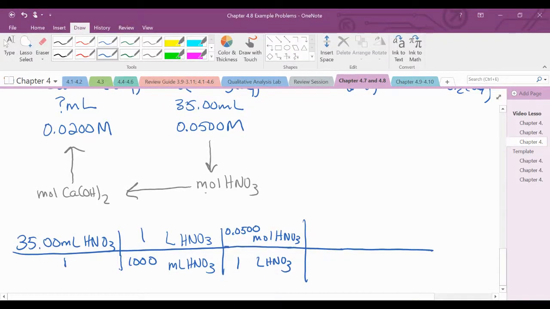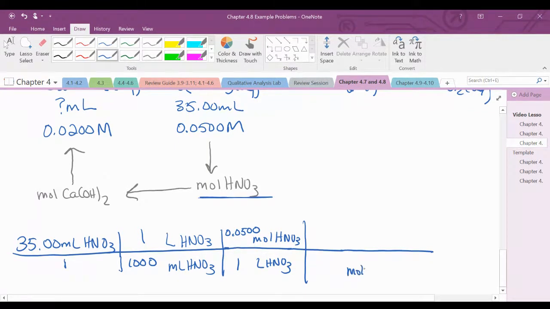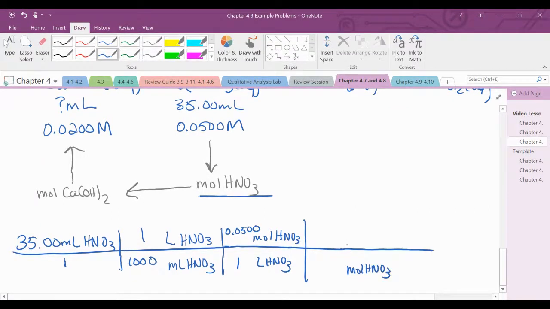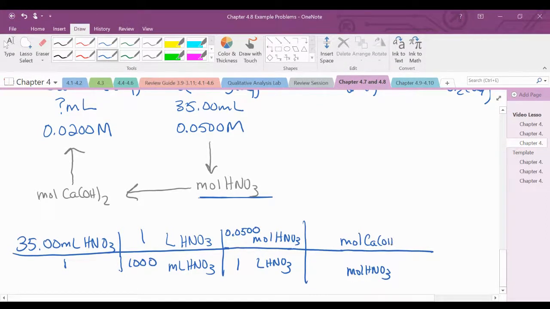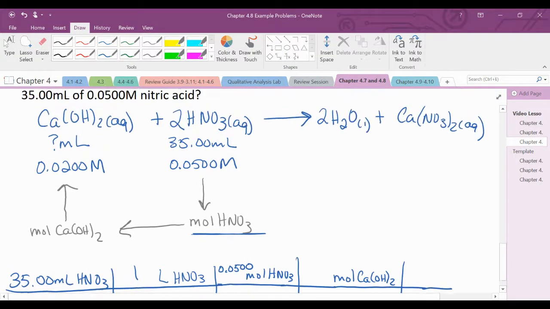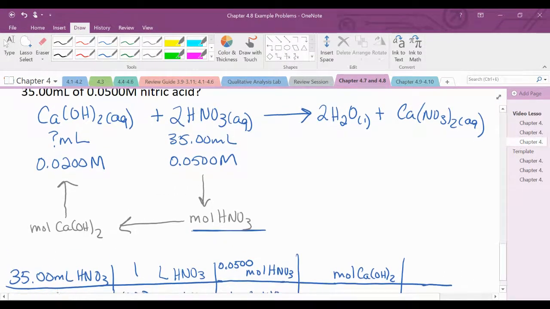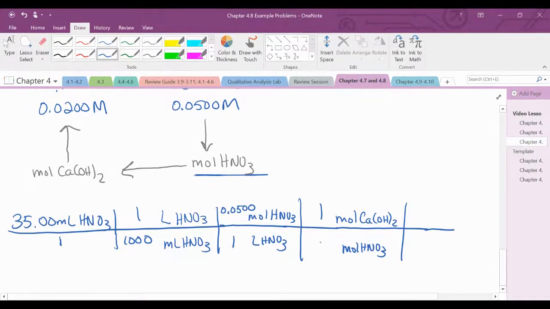So I'm here, moles of nitric acid, so I can convert from moles of nitric acid to moles of calcium hydroxide. And that is 1 mole of calcium hydroxide reacts with 2 moles of nitric acid.